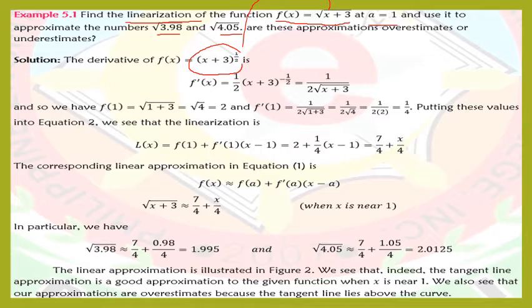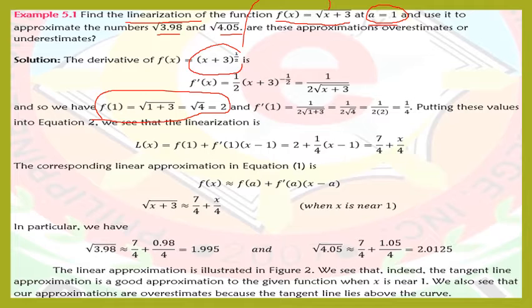So, kung i-substitute natin yung value ni a equals 1 sa given na function at saka sa na-derive na function, ang makukuha natin sa given function, f of 1 equals 2.